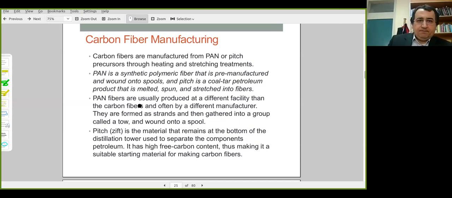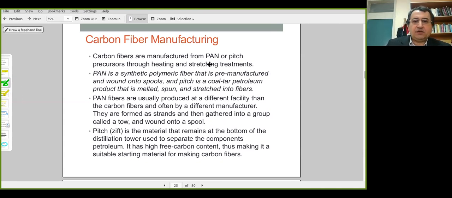Now we can look into the production methods for carbon fibers, but I have to open the file first. Let me open this file. The summary of carbon fiber manufacturing is described in this slide.